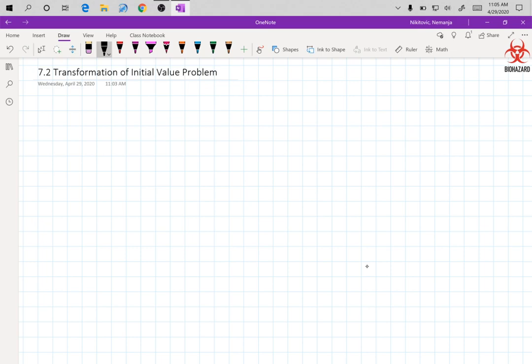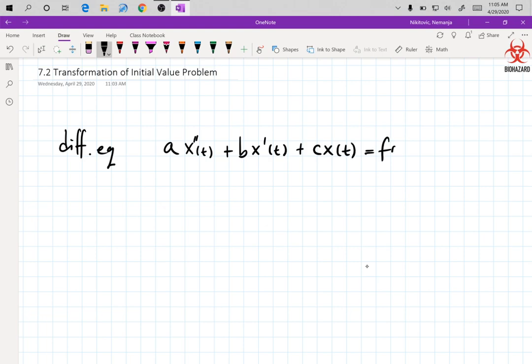So the differential equation problem is a x double prime of t plus b x prime of t plus c x of t equals f of t, with x of 0 equals x0, which is the initial value, and x prime of 0 equals x prime 0.